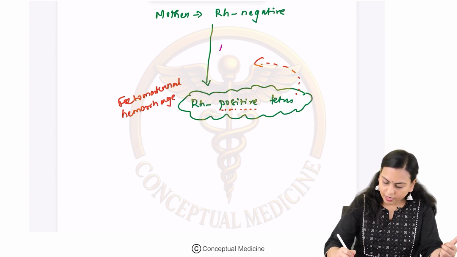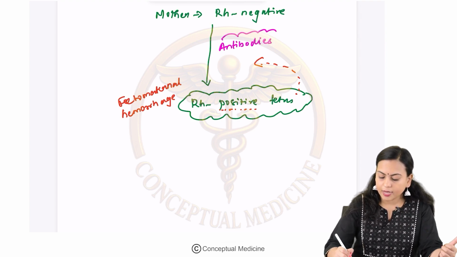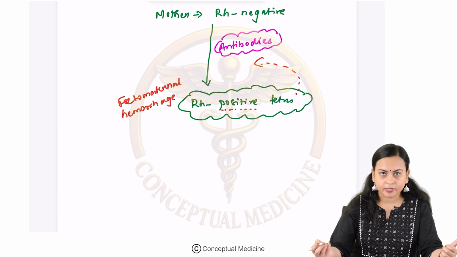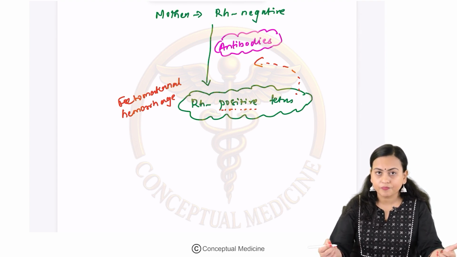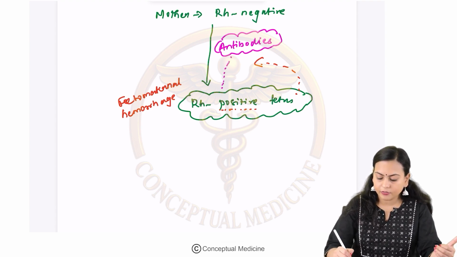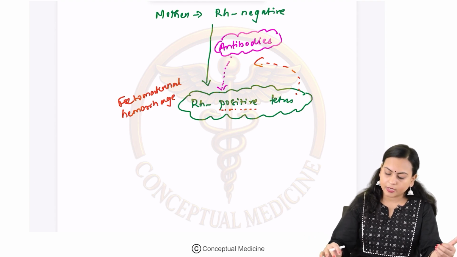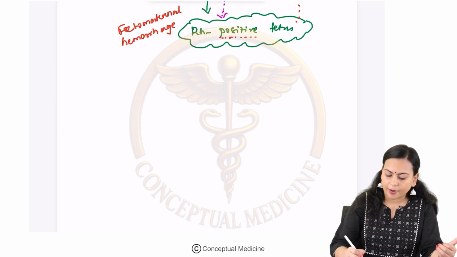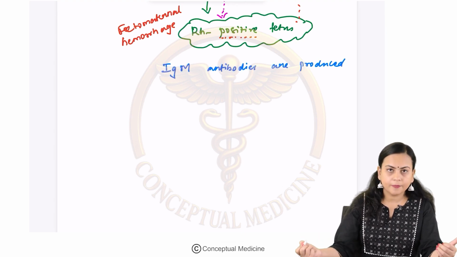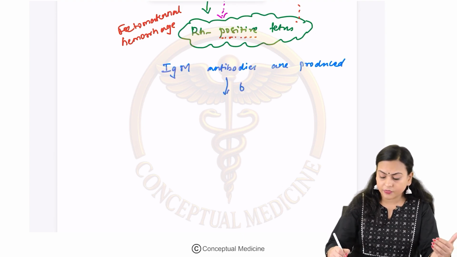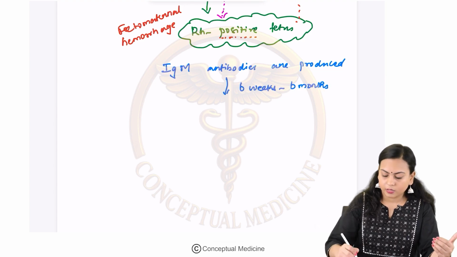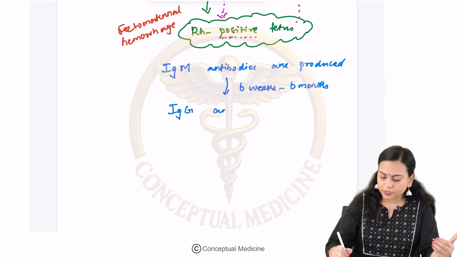Now, antibodies are produced in the mother. These antibodies are going to target the fetal antigens. Initially, when the sensitization happens, only IgM antibodies are produced. And after some 6 weeks to 6 months, the IgG antibodies are produced.